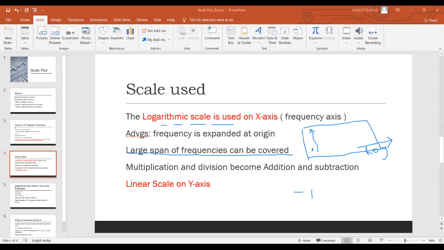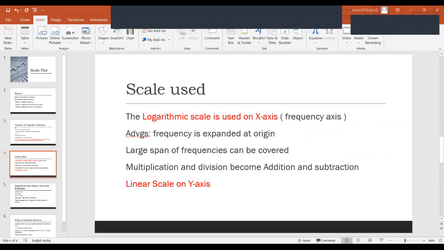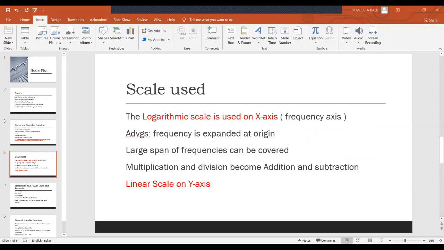Just check whether you can see the PPT or not, and just let me know in the chat section. Can you see the screen now? Yes, ma'am. What about others? Yes, ma'am. Okay.